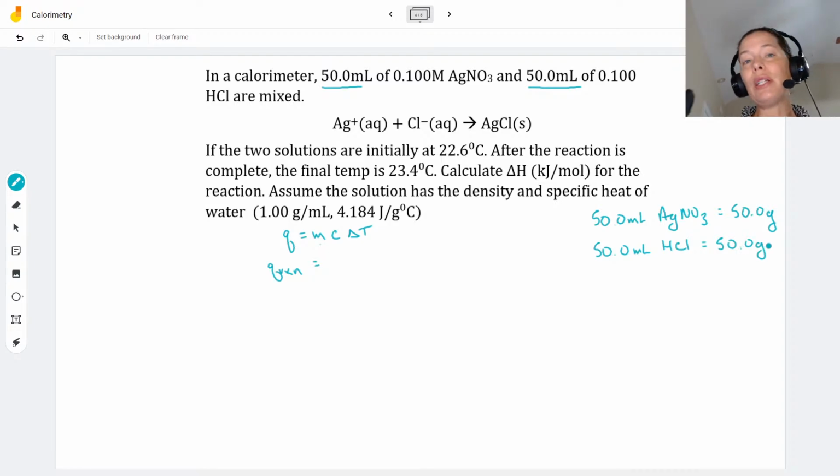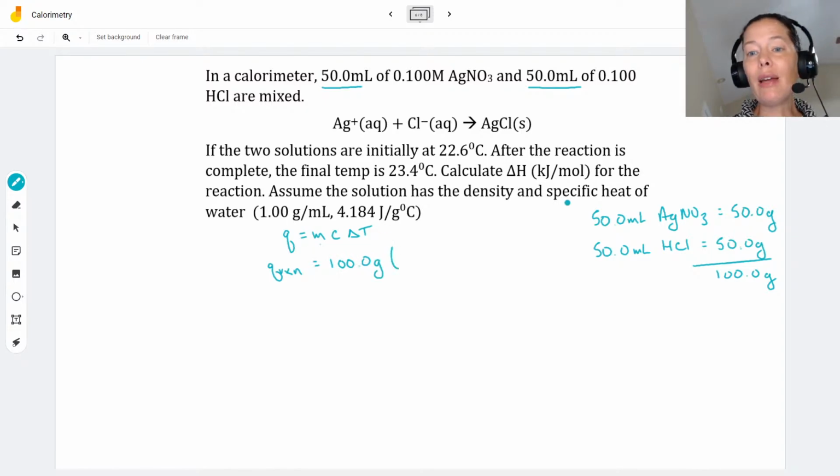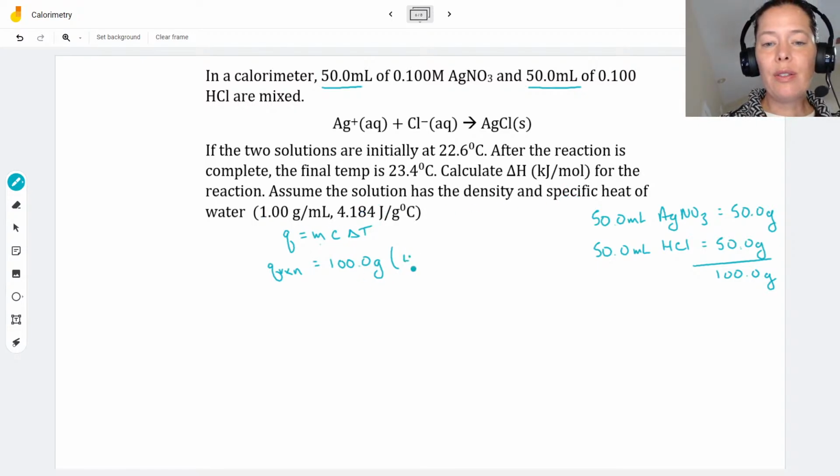So I am dealing with a total mass here. So I'm going to add these two together. So I have a total mass of 100 grams. Okay, so this is 100 grams. My specific heat, again, my problem said that I could assume the specific heat is the specific heat of water. So that is a simple plug and chug.